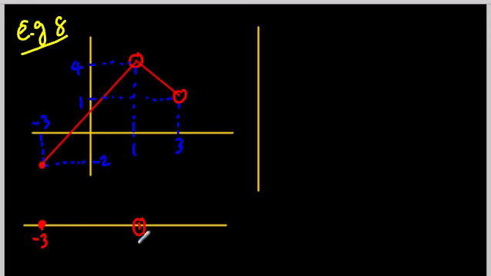So this is open, so I'm not going to include that. And there's no other value there, so it's a 1. And then I keep going, and I see 3, and I'm going to put an open circle there. And basically, all the values exist from -3 to 1, and then they exist again from 1 to 3. So I'm going to shade that, and then I'm going to shade that, right? And so I'm done with my domain.